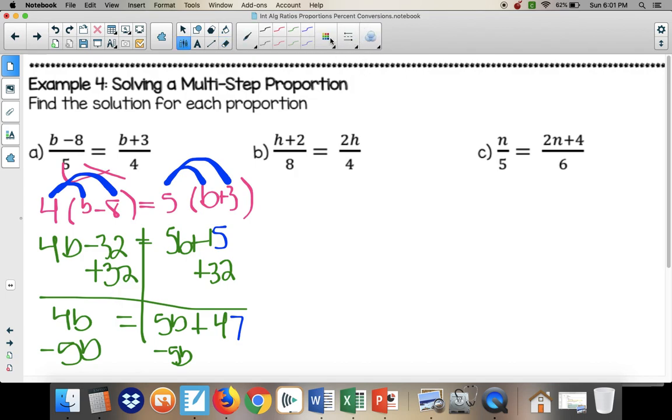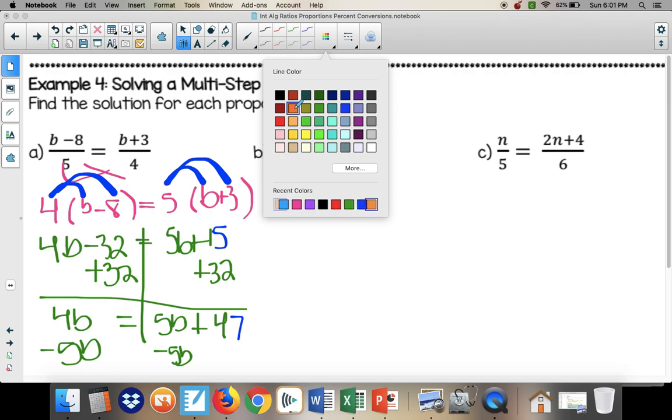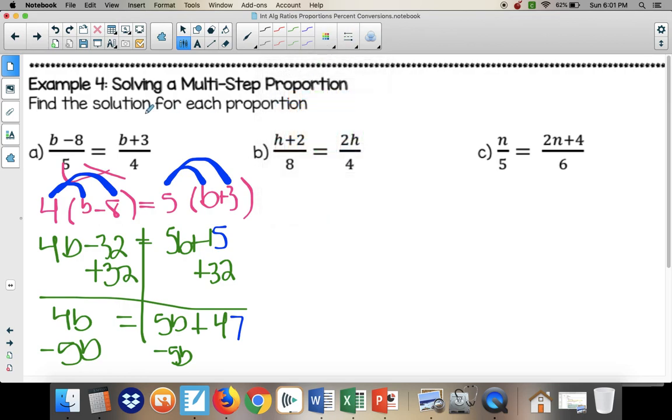But it shows you the reason why you've got to check your work, because you might be wrong. All right, so negative 47 minus 8 is negative 55. And then this one, negative 47 plus 3 is negative 44.